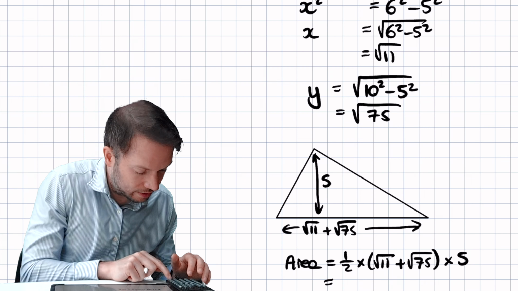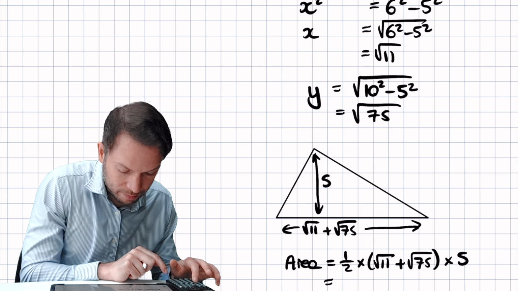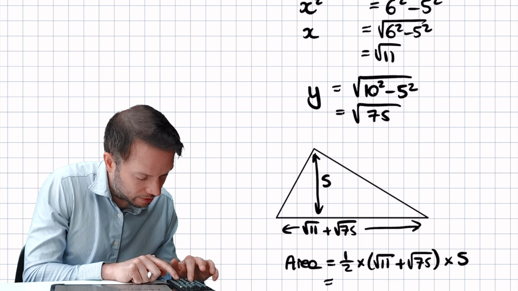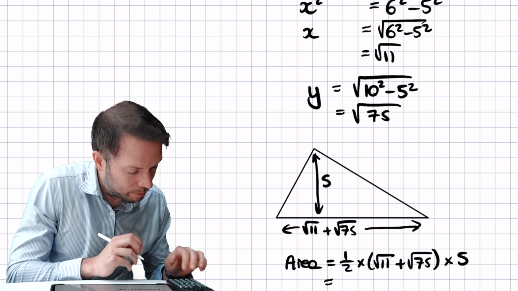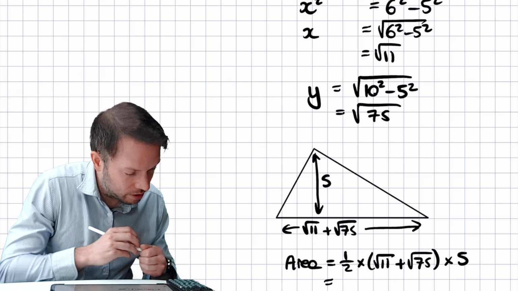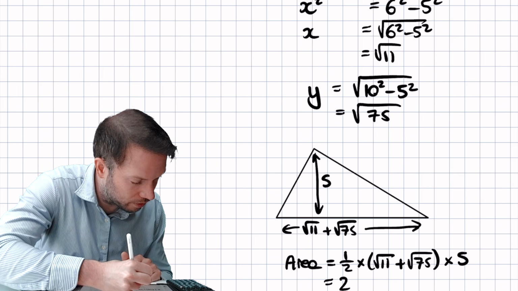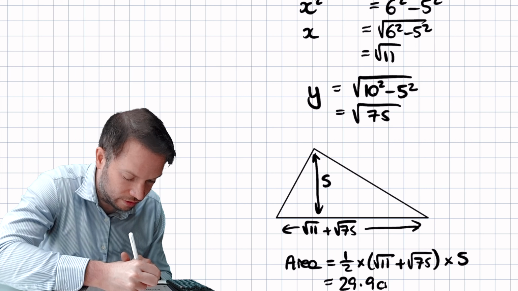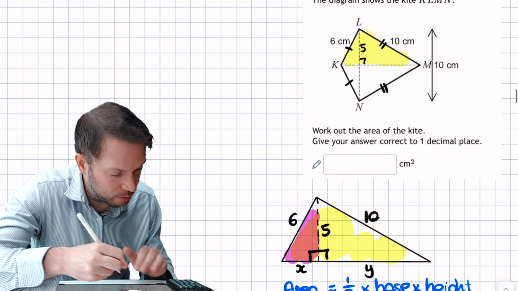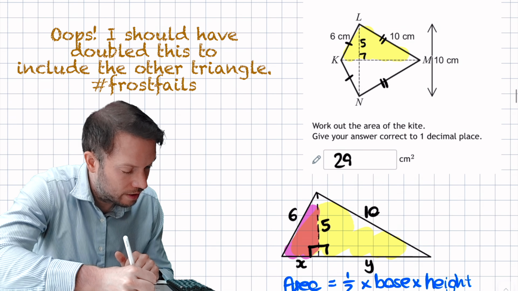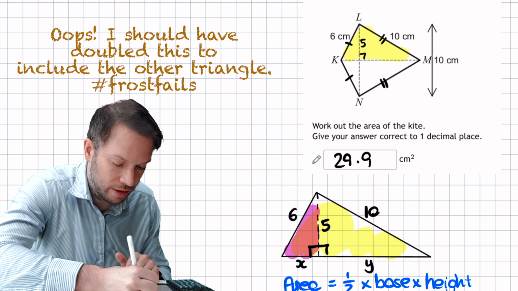And let's just do that. Half times the base times the height. And that is equal to 29.9 centimeters squared. So that is the answer. It's 29.9 centimeters squared, and that is the final answer.